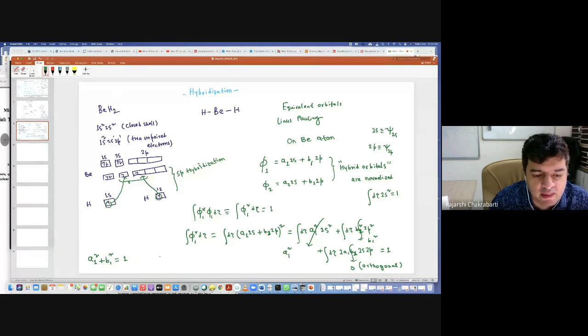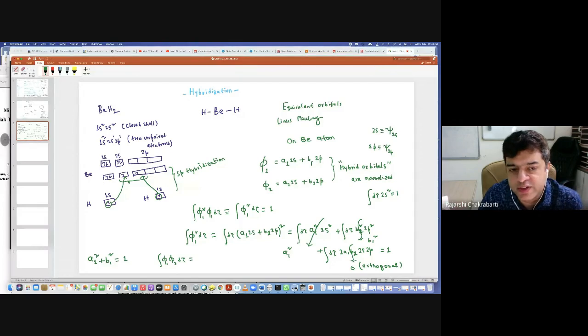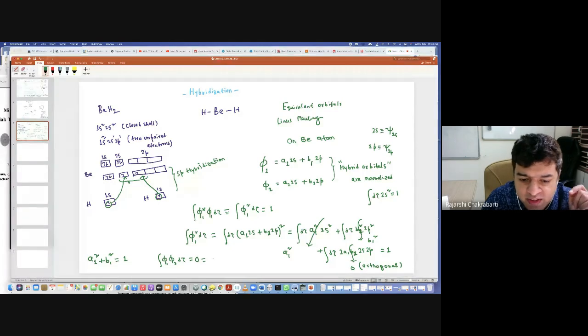Now also I have this situation that if I take phi 1 and multiply it with phi 2 and integrate, what should I get? The hybrid orbitals are also going to be orthonormal to each other. This is 0. Just look at this expression. You'll have a1 a2 times the 2s square integration, plus b1 b2 times 2p square.